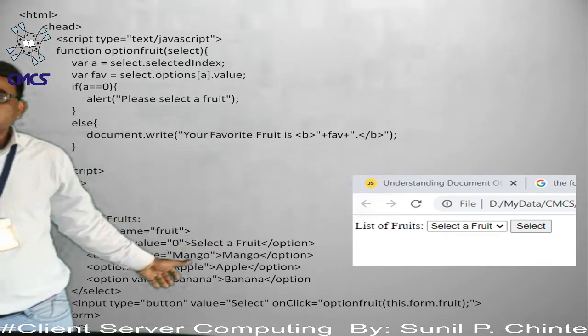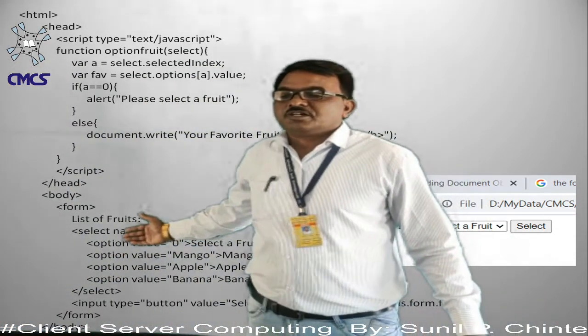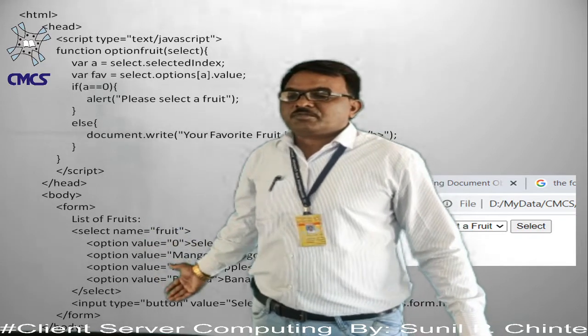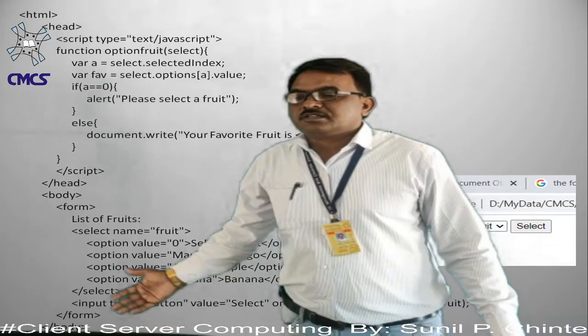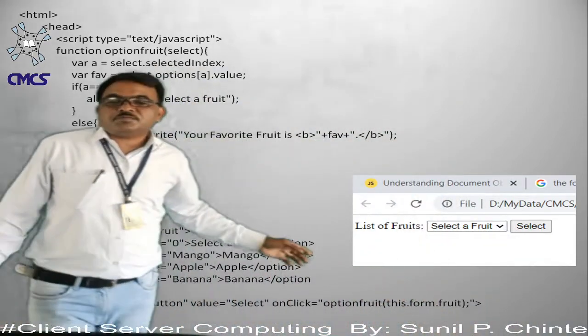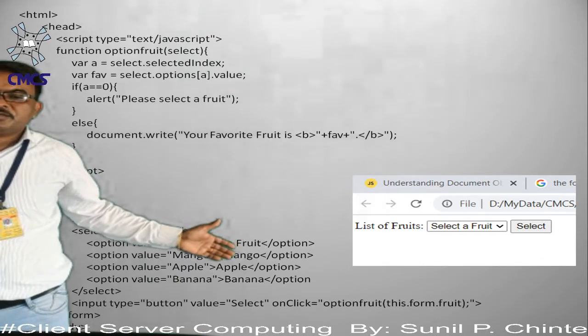Now let's see a simple example through which we can understand these objects and their functioning. Here I have demonstrated one example with a drop down list with a number of options. Okay, that is the select, that is the list of fruits: mango, apple, banana.